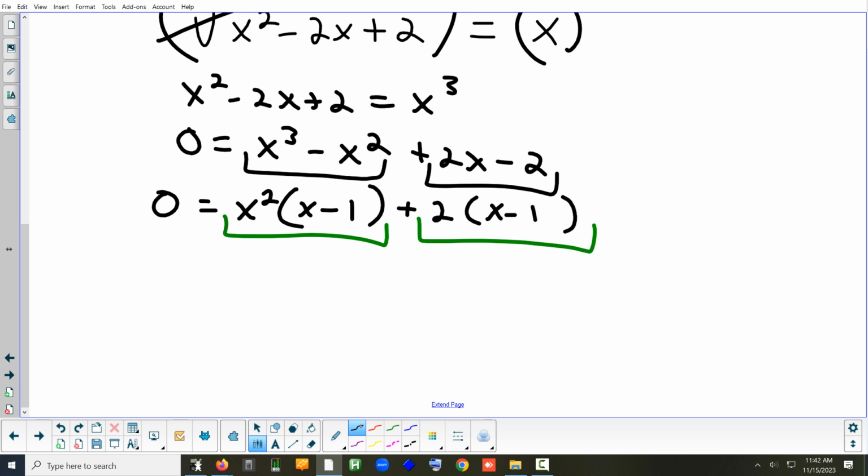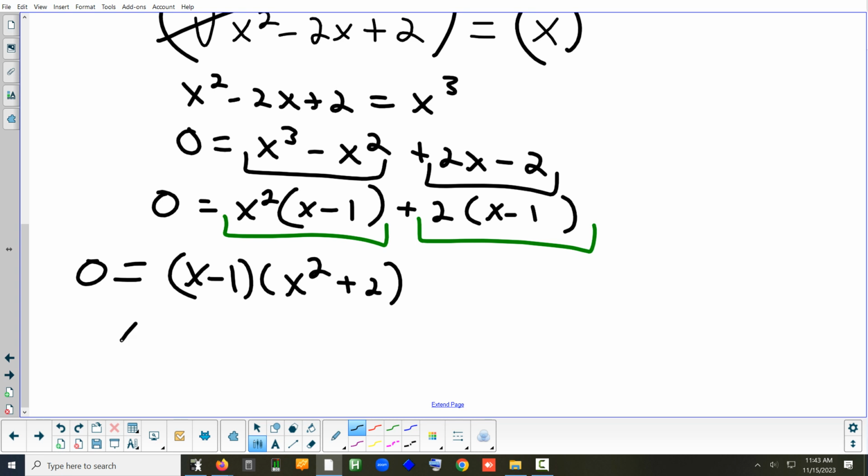So now we're going to take out the x minus 1. If you take the x minus 1 out from the first one, what's left? Just x squared. And if you take x minus 1 out from the second one, what's left? Just a plus 2. So now we factored it. What do we do with each one of these factors?